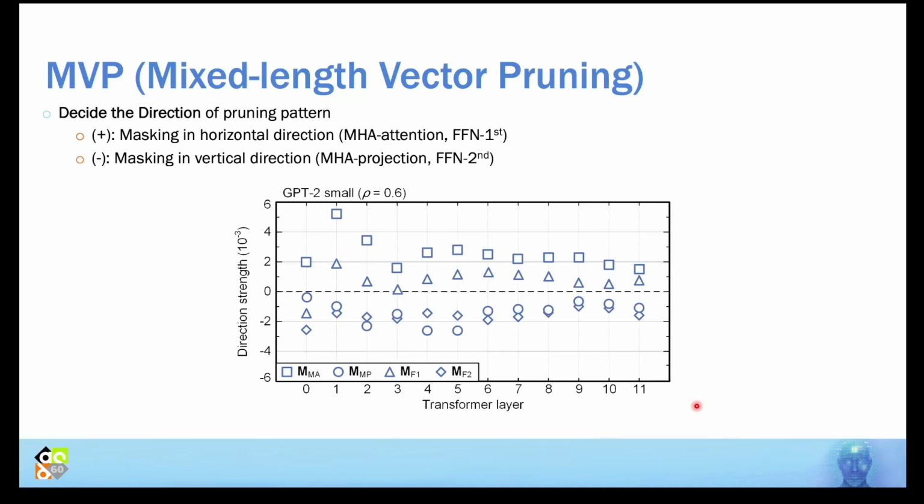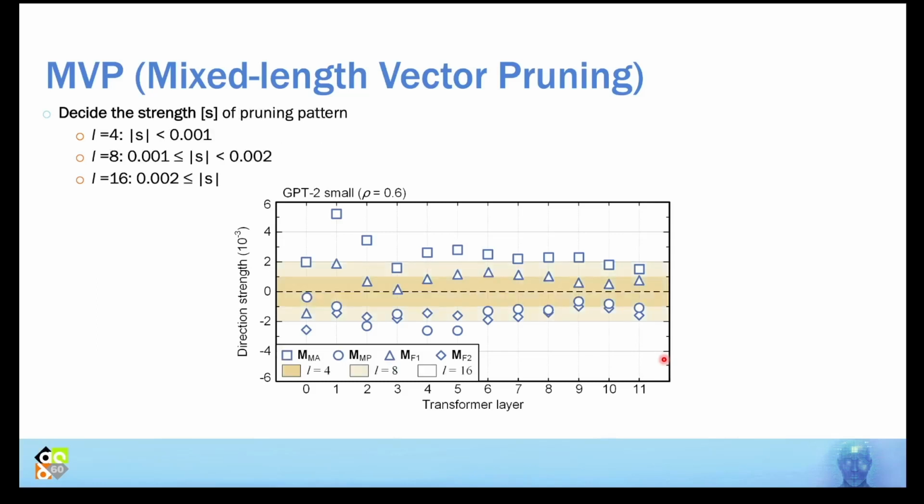Using this direction strength, we analyzed 4 matrices for each layer of GPT-2 small under the condition of pruning to 0.6. As we observed earlier, the matrices clearly show the patterns of horizontal direction in the attention part and vertical direction in the projection part. Similarly, in the fully connected layers, we can see the patterns of horizontal and vertical.